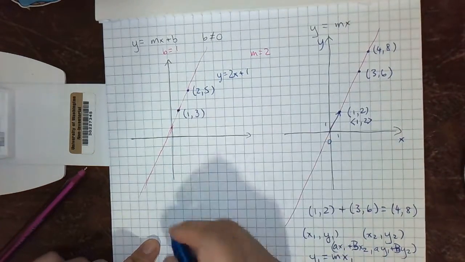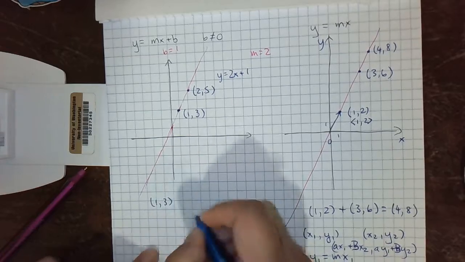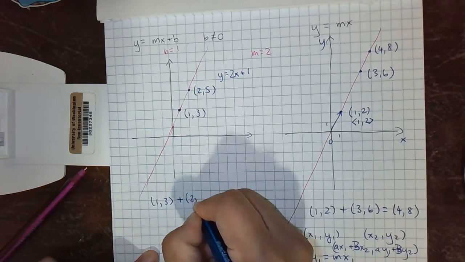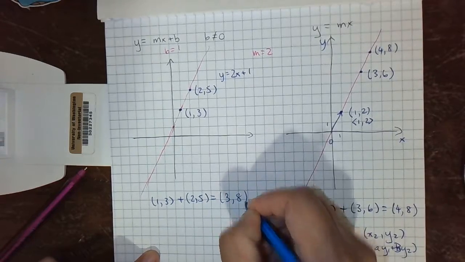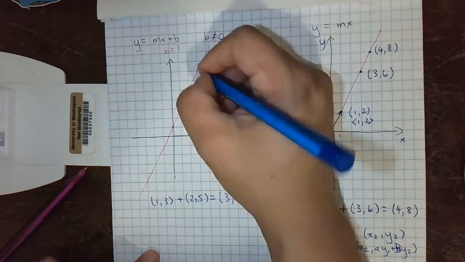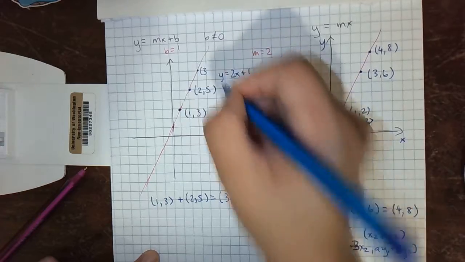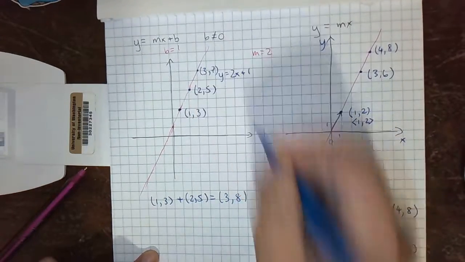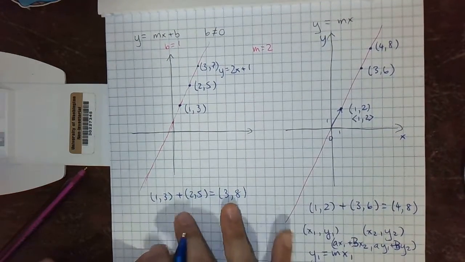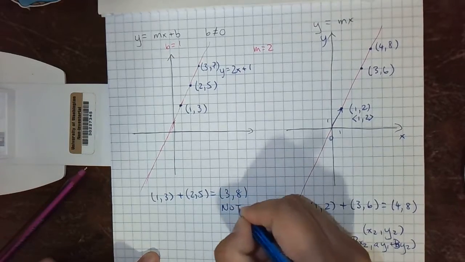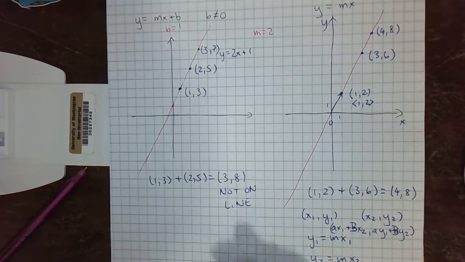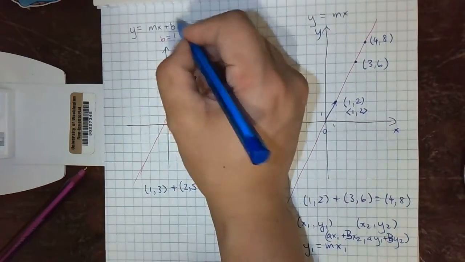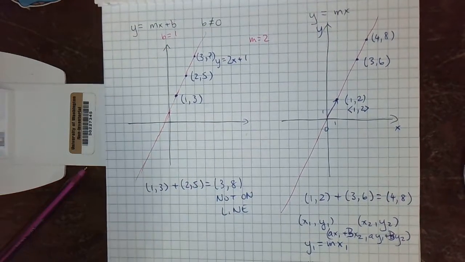Now if I add these two together, 1, comma 3 plus 2, comma 5, I'm going to get 3, comma 8. But the point on this line corresponding to x value 3 is actually 3, comma 7. So this does not work the same way, not on line. And that's because, like a non-homogeneous differential equation, we have this extra b here.